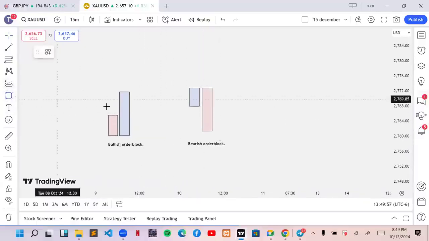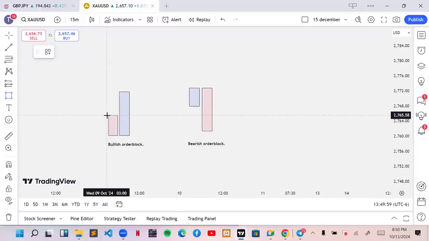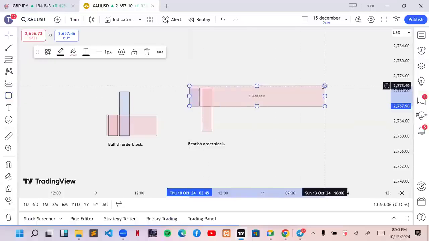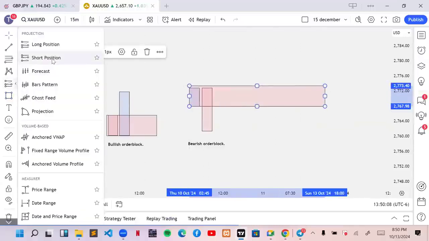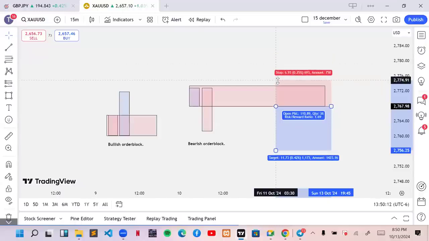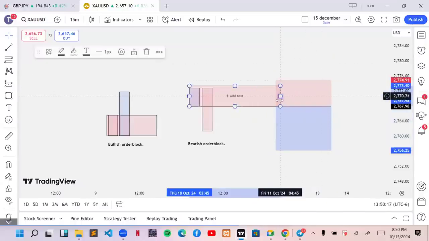Normally, to take your trade for the bullish order block, you take your trade from this demarcation right here. If you want to take a sell, take your sell from this demarcation right here. So if it's a sell, you just place your sell order here and put your stop loss just above the invalidation of that particular candle that you picked your entry from.